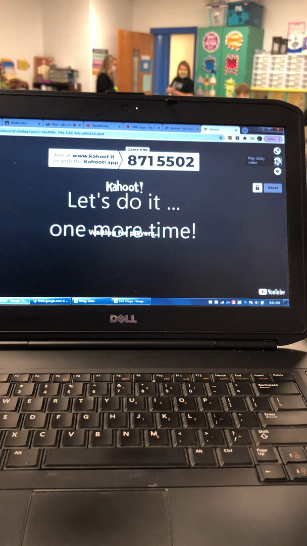Remember, you need to have two screens. You go to Safari. Go Kahoot.it. And then enter that game code.